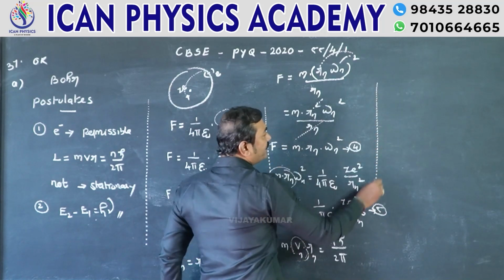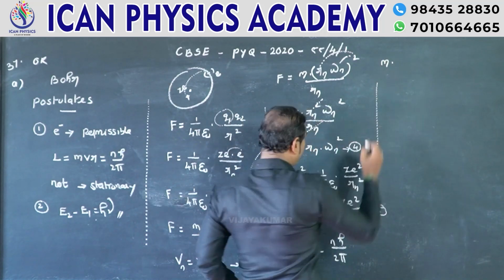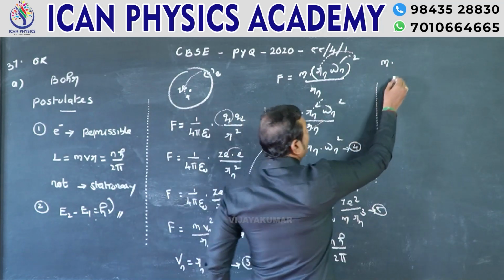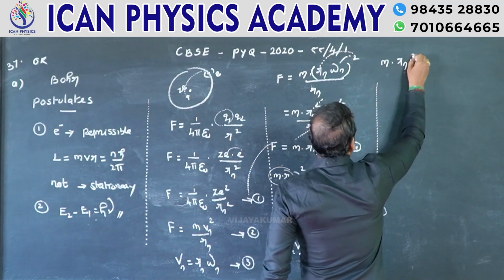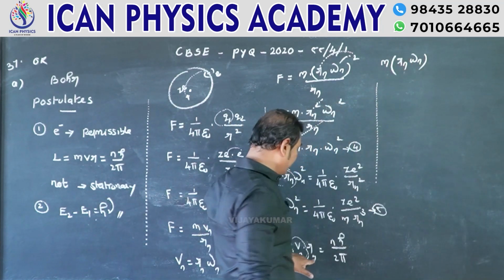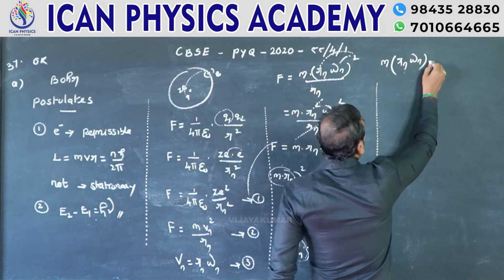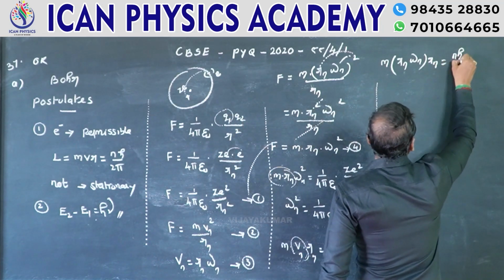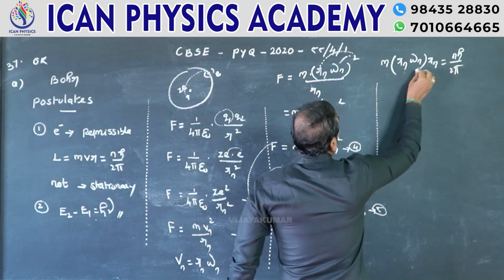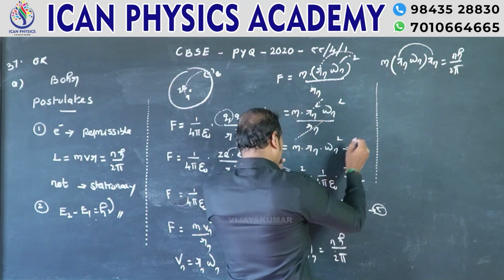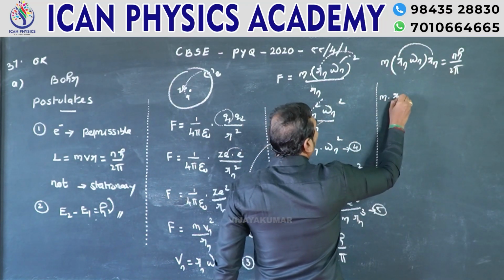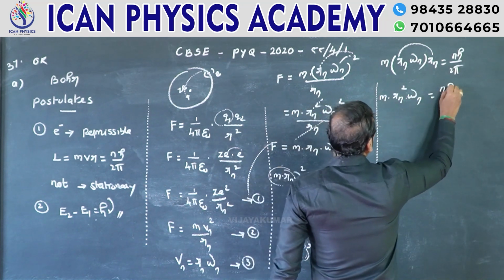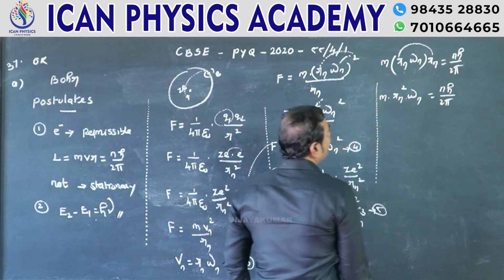So instead of Vn, m into Vn, we can write Rn omega n. So m Rn omega n into Rn equal to nh by 2 pi. Now Rn into Rn is Rn square. So m Rn square into omega n equal to nh by 2 pi.